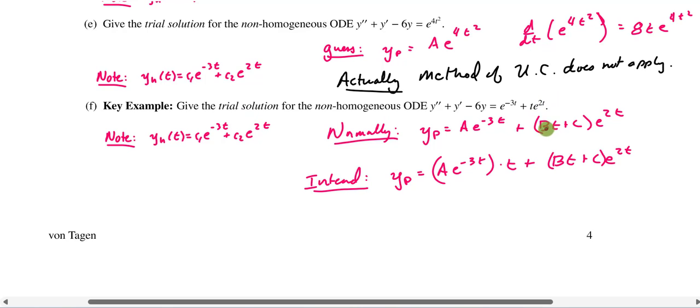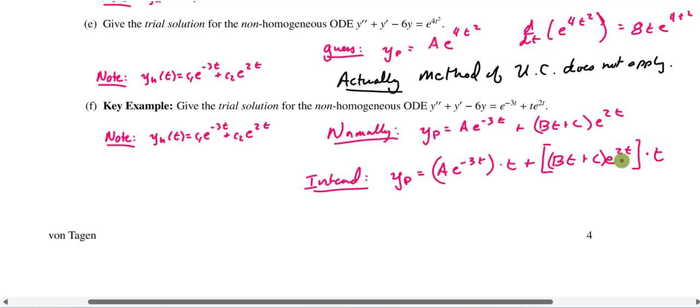However, that Bte^(2t) came from trying to guess the solution for this factor right here, and part of its guess, specifically the Ce^(2t), shows up right here in my homogeneous family of solutions. So again, what I need to do is multiply this by a factor of t. Now notice this will give me a Bt²e^(2t).